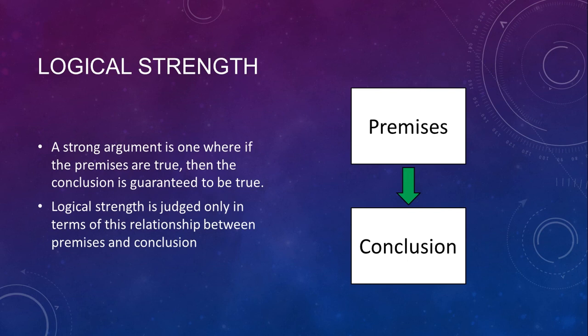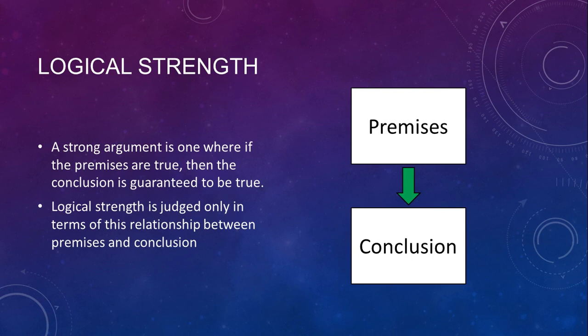All right. So validity is the maximum degree of logical strength. What an argument does if it's valid is, if the premise is true, then the conclusion must be true also. There's no possibility that the premise could be true and the conclusion false.